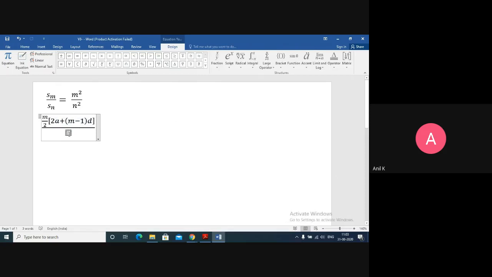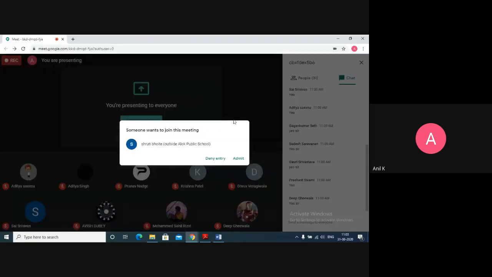When I come to the Sn formula, you will get it as n by 2 into 2a plus n minus 1 into d, is equal to m square upon n square.